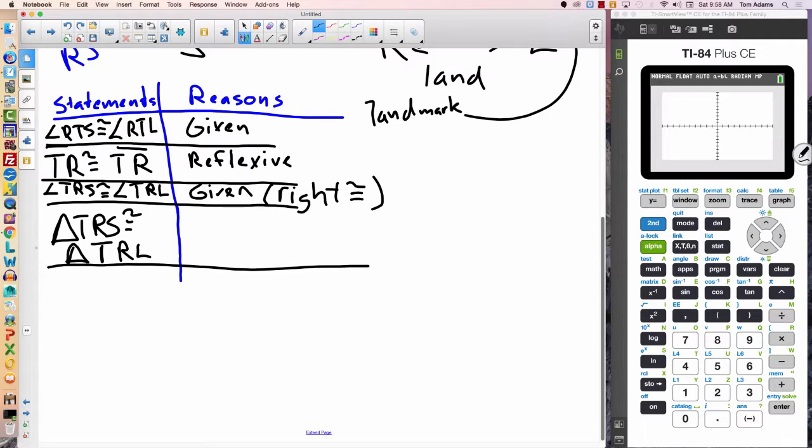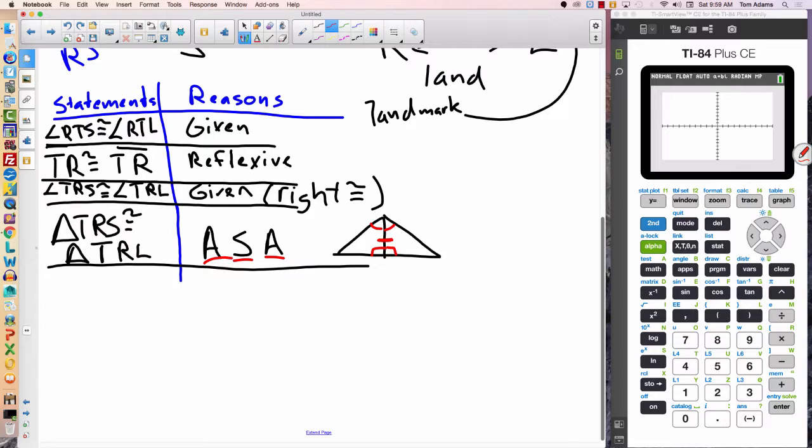And that's based on, well, we have the angle, side, angle postulate, right? Angle, side, angle, right? Because if you redraw the diagram like this, I have that this angle and this angle are congruent. They have a side that's congruent, and then this angle and this angle are congruent. So we have angle, side, angle.